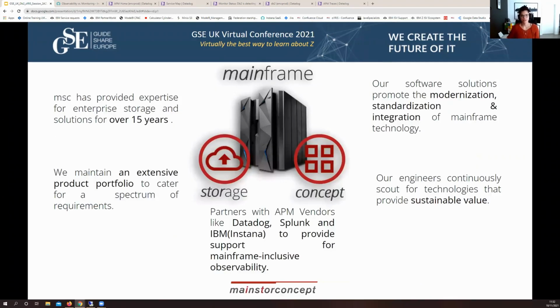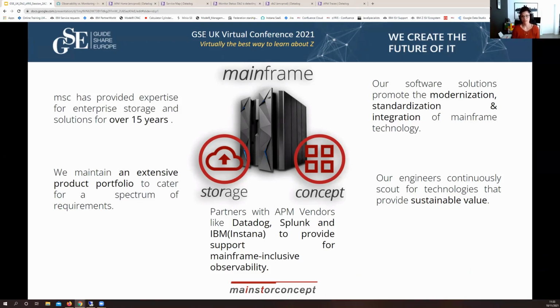But before we get into that topic, I just wanted to give you an overview about Main Store Concept, where I work. Main Store Concept has about just over 15 years of experience with enterprise storage and solutions for enterprise organizations. Our portfolio covers a wide range of requirements and is composed of products from our partners as well as solutions that we develop and maintain in-house.